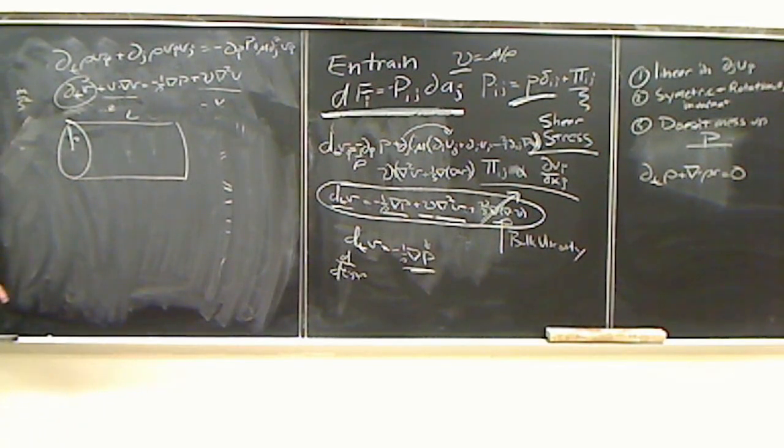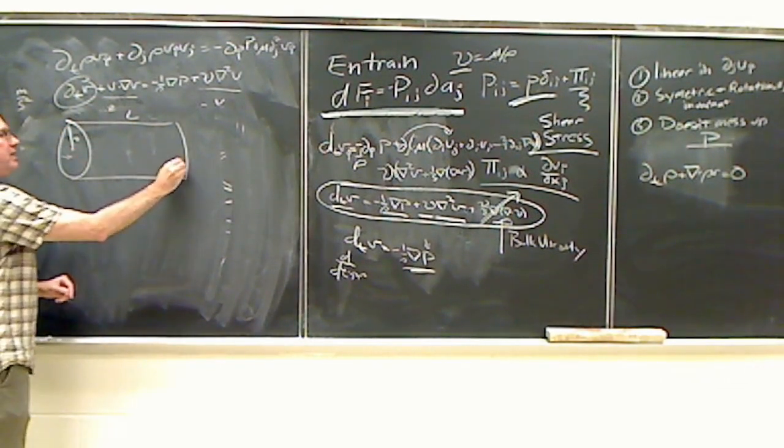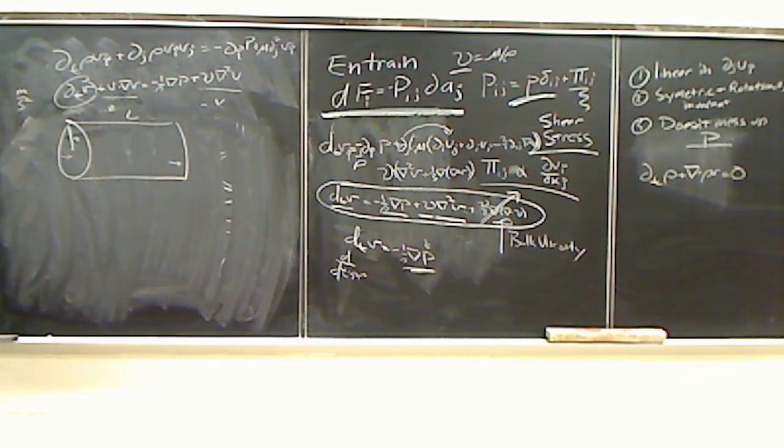Also, because it's a pipe, I can say that this term, unless something bad is happening, is also going to be 0, because the velocity on this side has got to equal the velocity at that side. This is a gradient of the velocity along the velocity. I've got the dot product of two things, so it's a projection.